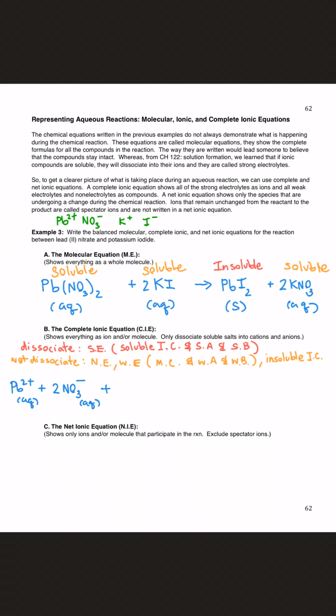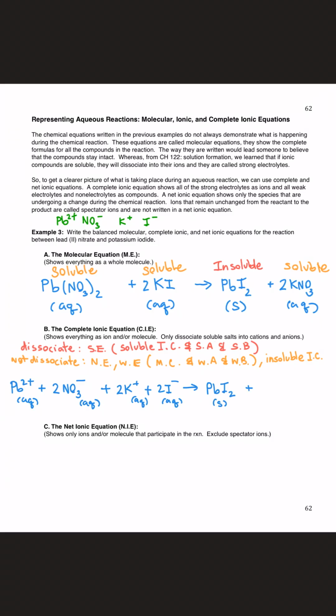For potassium iodide, because we have 2 molecules of potassium iodide, when it dissociates, it gives off 2 moles of potassium ion and 2 moles of iodide ion. Because lead iodide is an insoluble ionic compound, it will stay as a molecule and will not dissociate. It does not dissolve in water, so it stays as a solid.